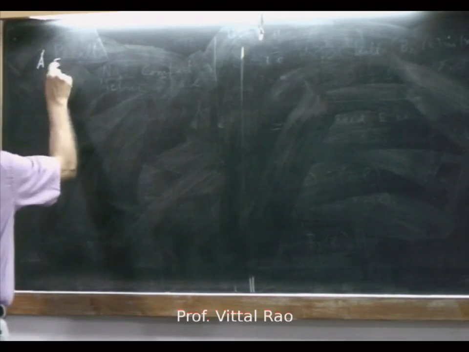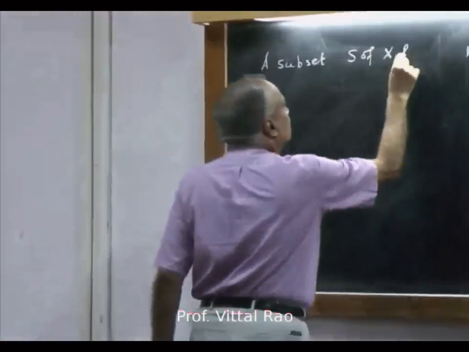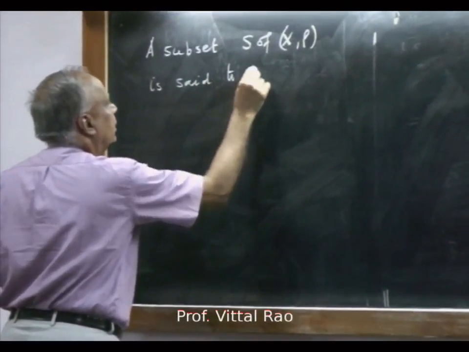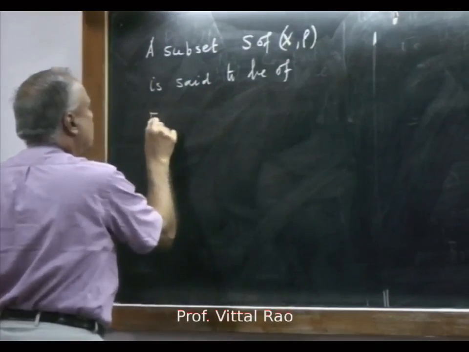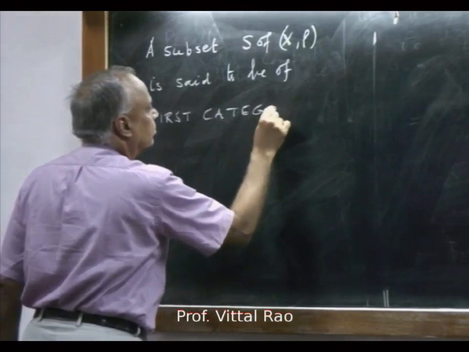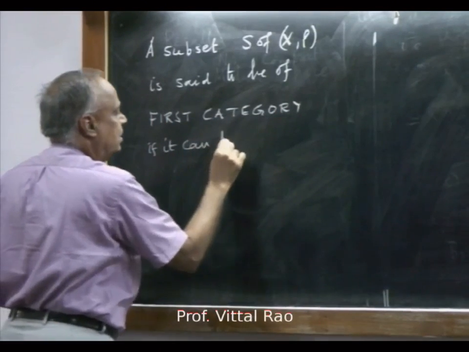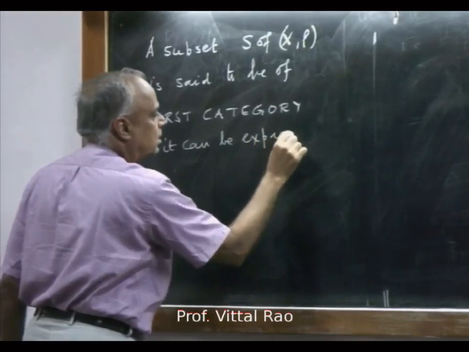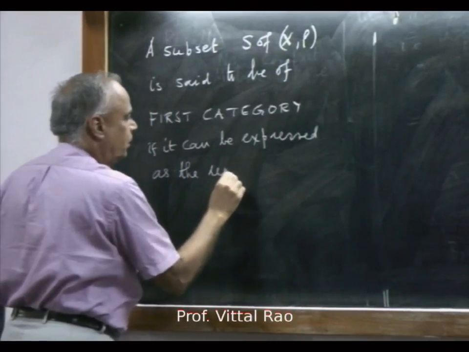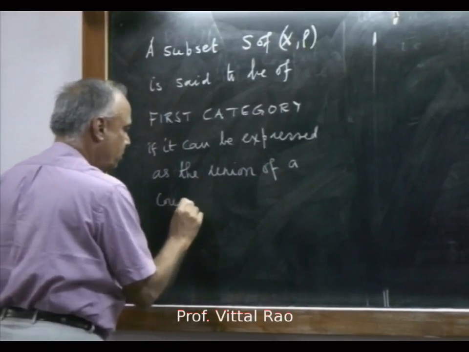So a subset of a metric space (X, ρ) is said to be of first category if it can be expressed as a countable union of nowhere dense sets.